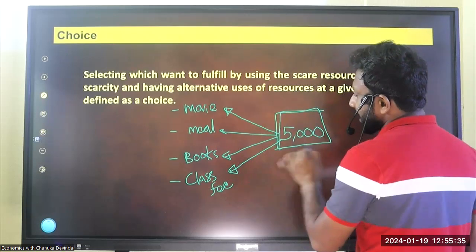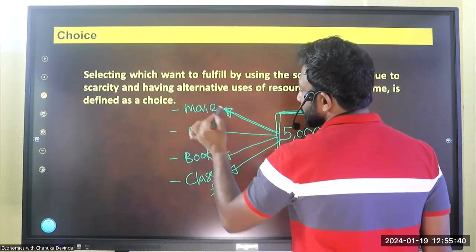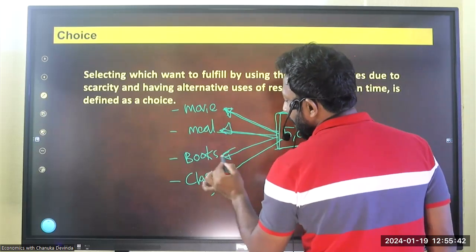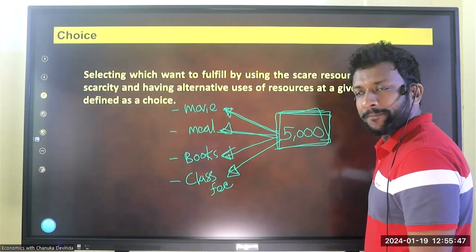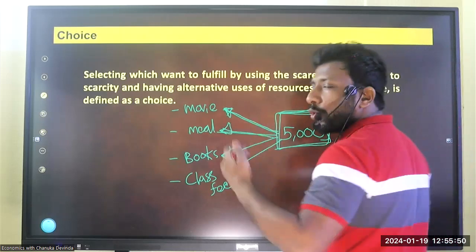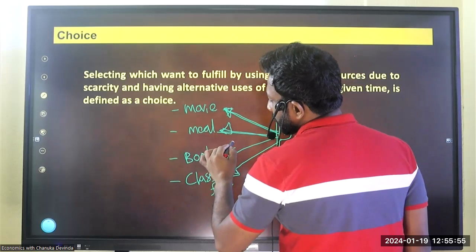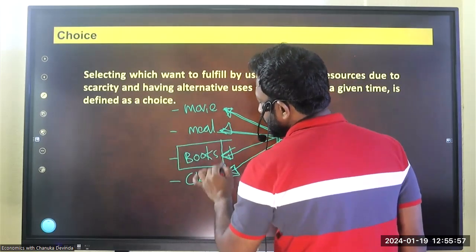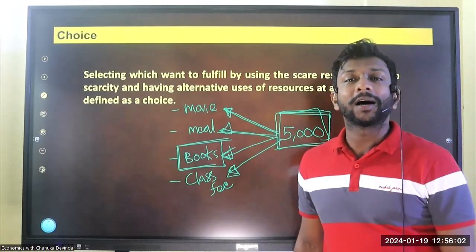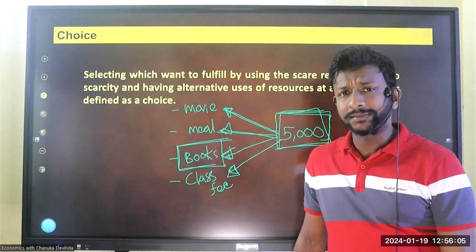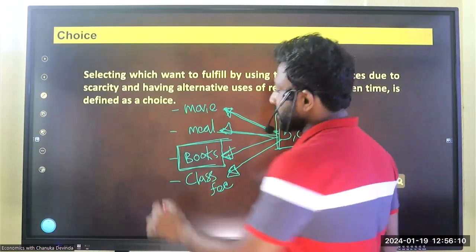Let's say that is scarce, right? But there are alternatives. Scarce resources have alternatives, so you have to select one option. Let's say you have chosen to purchase past paper books. Then that is the choice.